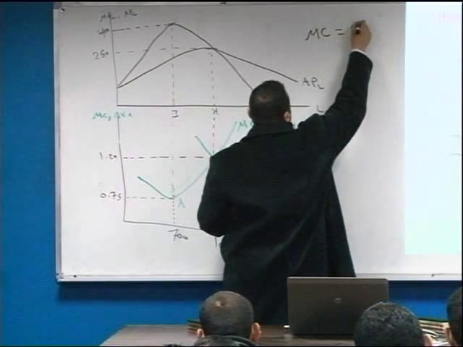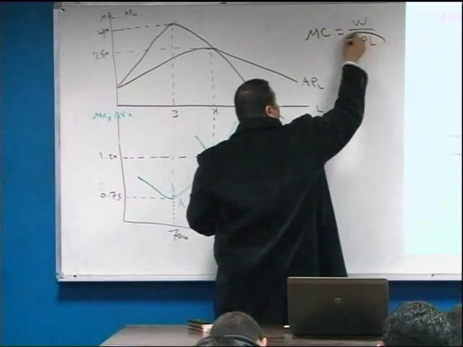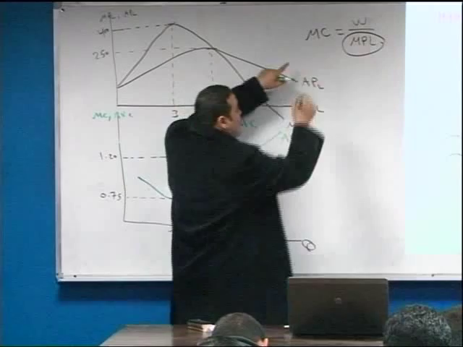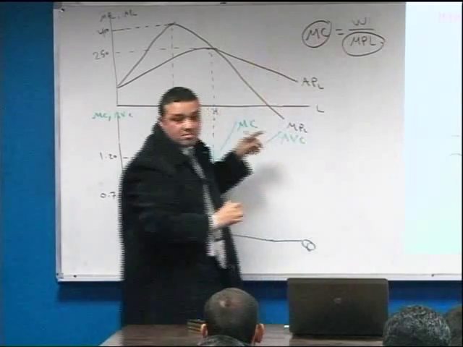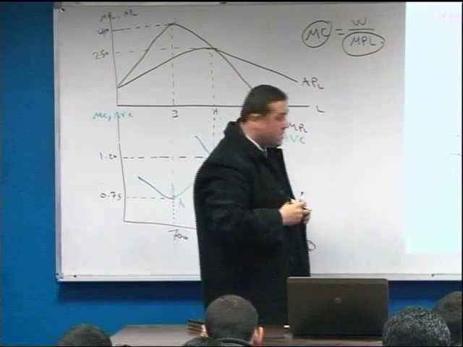MC, as we mentioned, equals W over MPL. So the highest value of MPL, the smallest value of MC. Yes, equals 1,000.